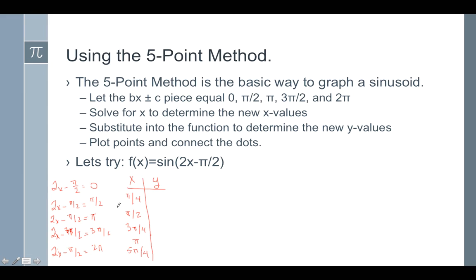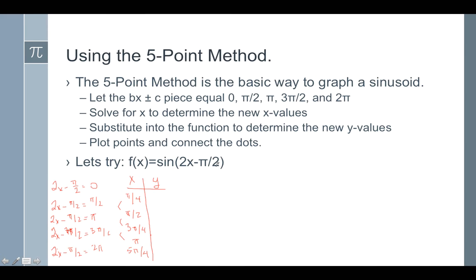You'll notice that these are actually symmetrical. They're the same distance between each point here. Each point is now 1/4 pi away. Now if we plug in pi fourths times 2, that is pi halves, minus pi halves is 0. That's super nice because it has to do with this 0 here.